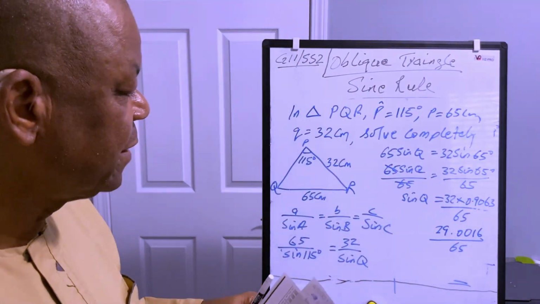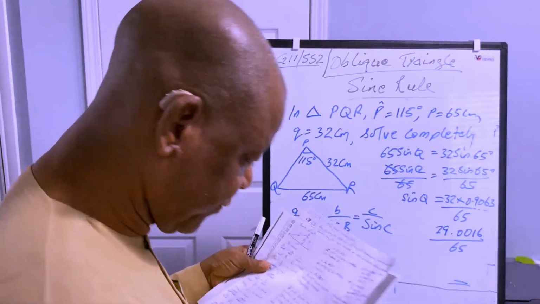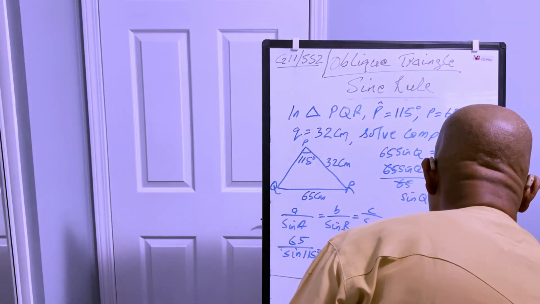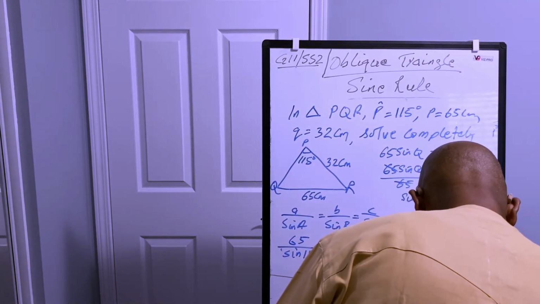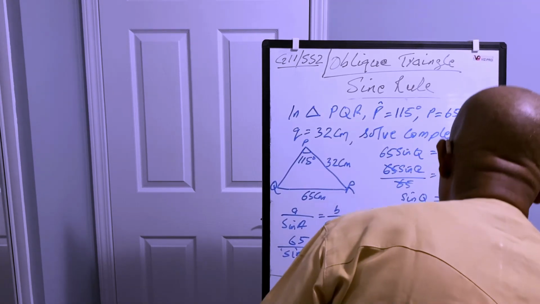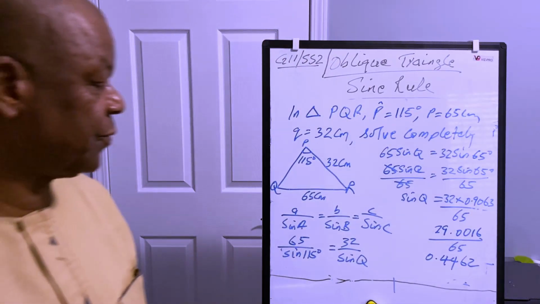When we divide 29.0016 divided by 65, that will give us 0.4462. This is the value of sine Q.